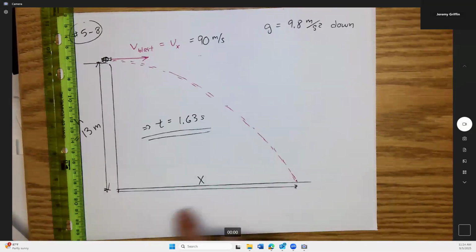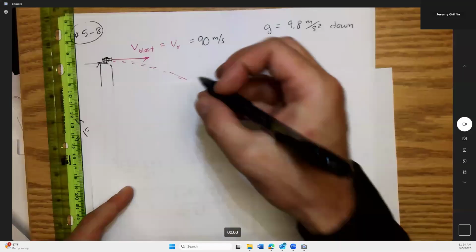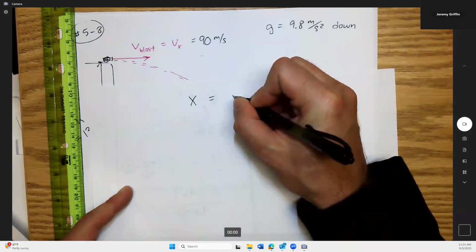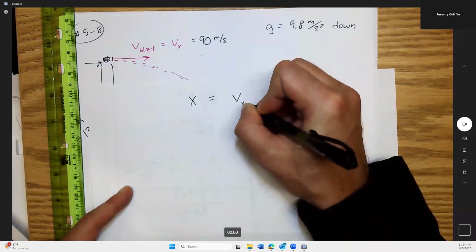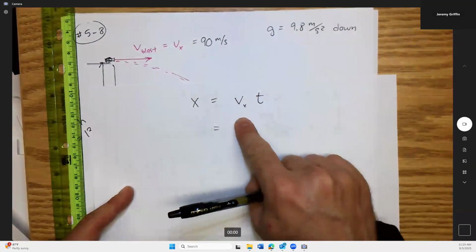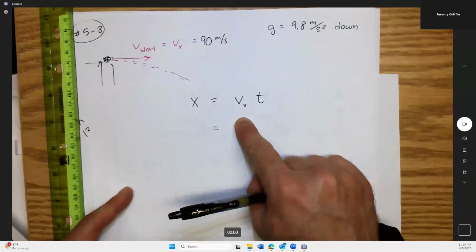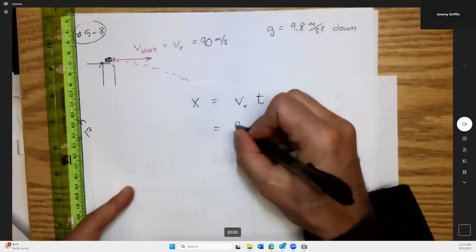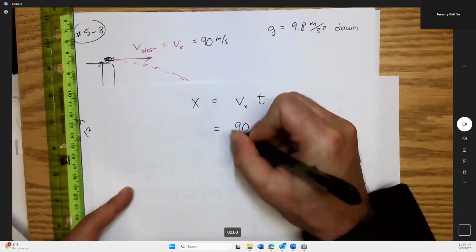So, guys, how can you solve how far it goes? X equals what? There's only one equation in the horizontal. Yeah, v sub x times t. And v sub x, what is that according to what I gave you? Is that the blast speed of the cannon? Yeah. So for me, it'd be 90 meters per second.